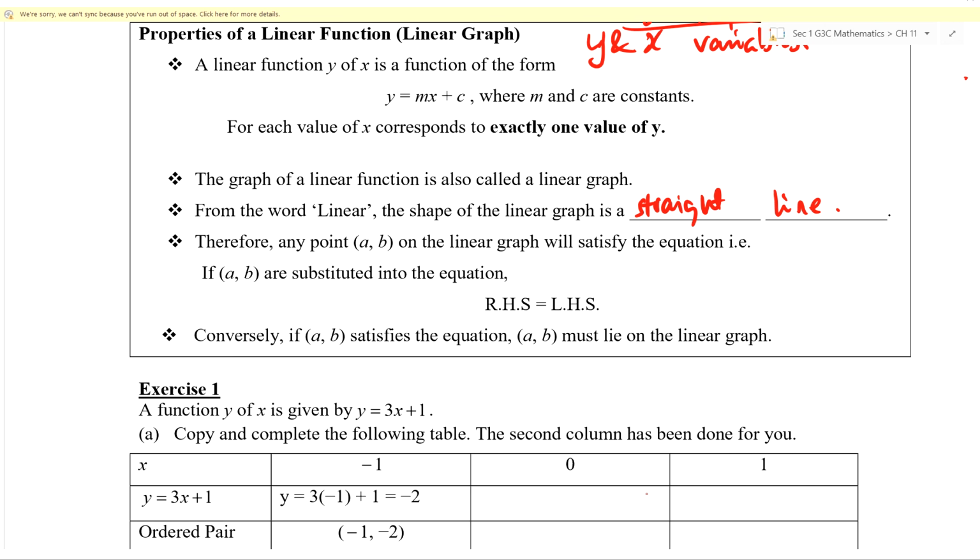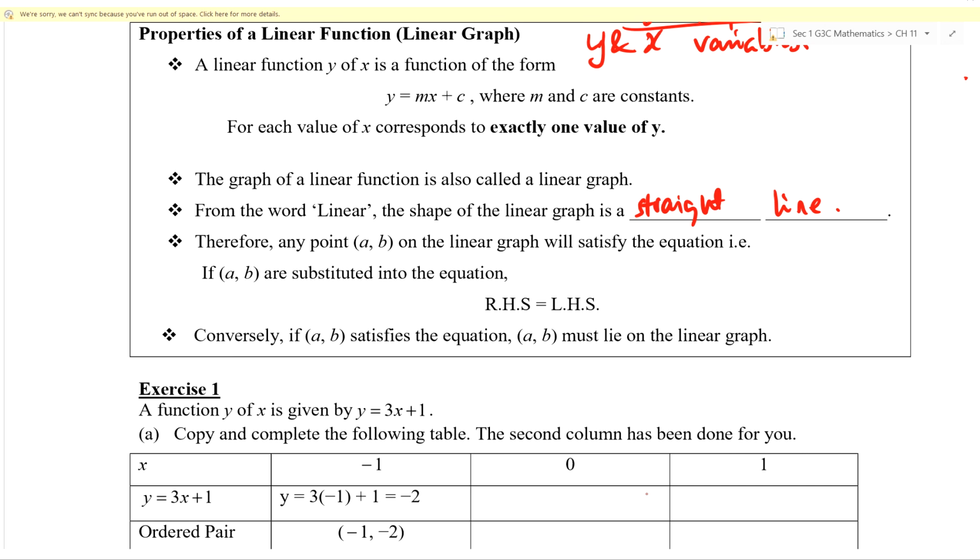Left hand side, the y value is 3. Right hand side, we've got 2x plus 1. So 2 times 4 plus 1. We get 9. This is not equal to the left hand side. Can you see that? Since it is not equal to the left hand side, our conclusion is that point P doesn't lie on the line. Because if it lies on the line, left hand side must be equal to right hand side.